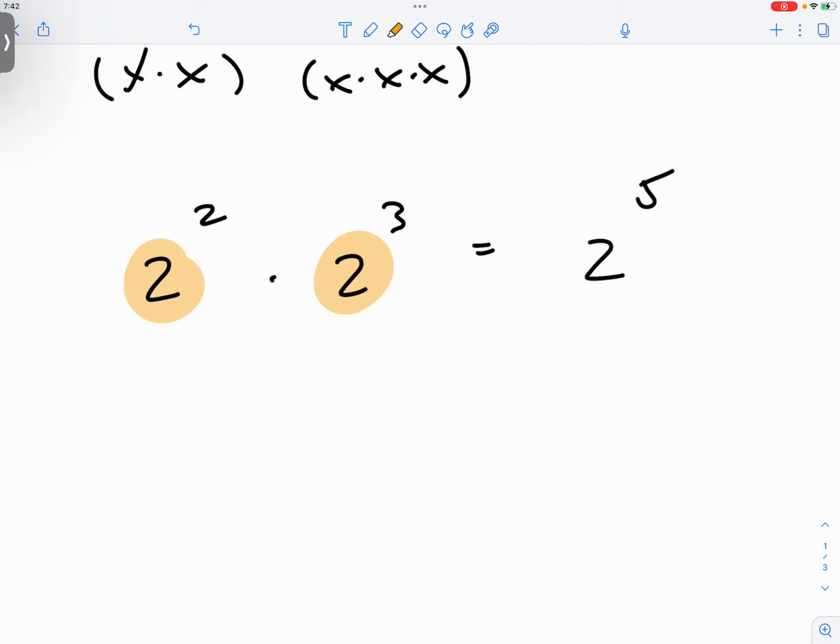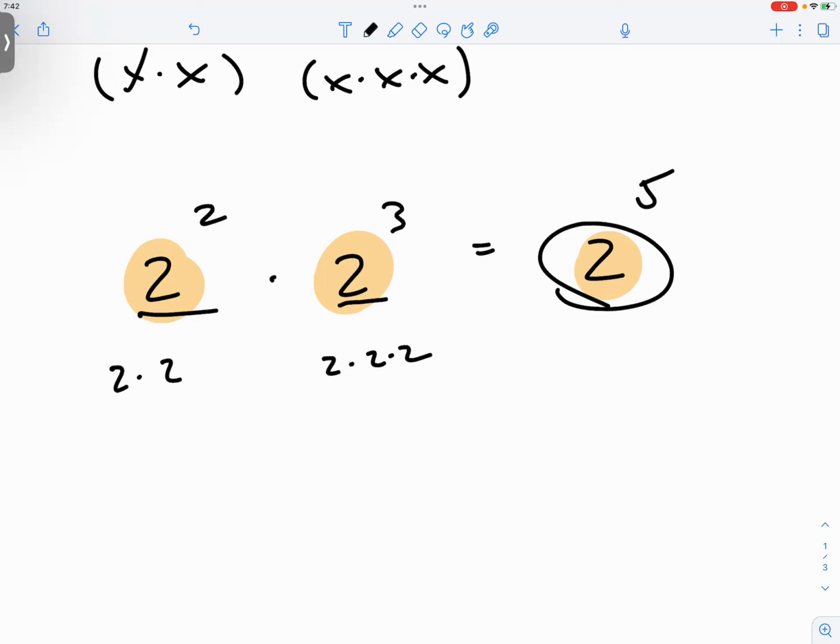Okay, and you do not multiply those two numbers together because the meaning is that, oh, you have 2 of the 2's together and you have 3 of the 2's together. And therefore, how many 2's are multiplying together? There are 5 of them. So if you're wondering sometimes that, oh, why don't you multiply these two numbers together to get 4? Because we don't. That's not what the meaning says.